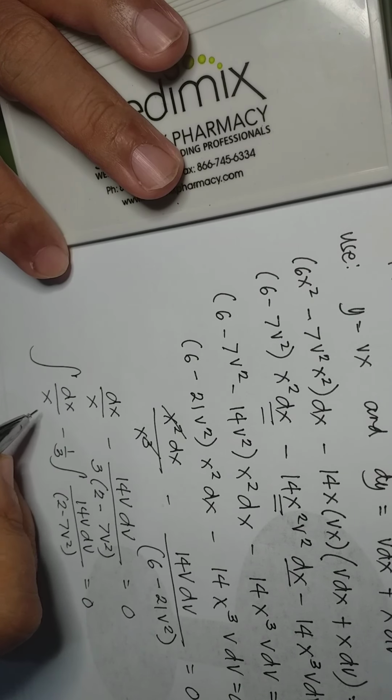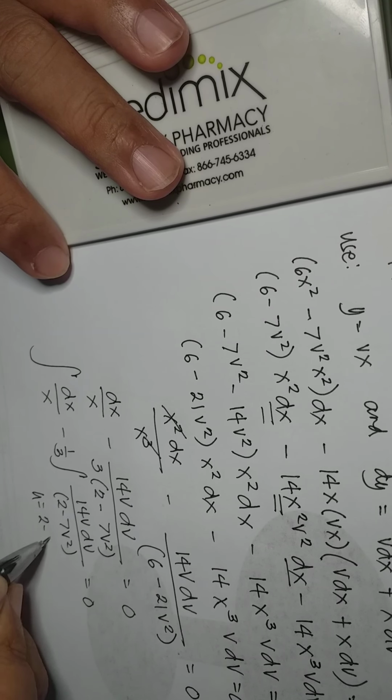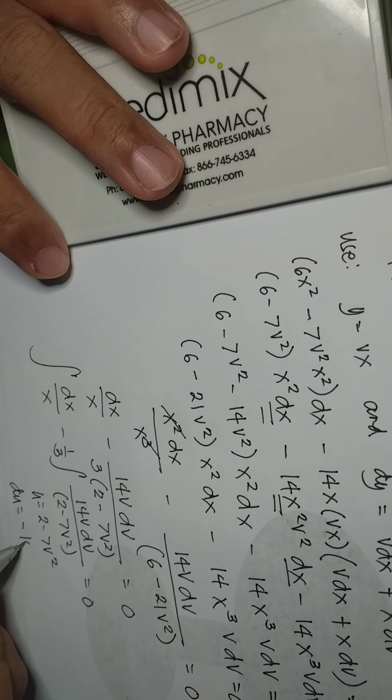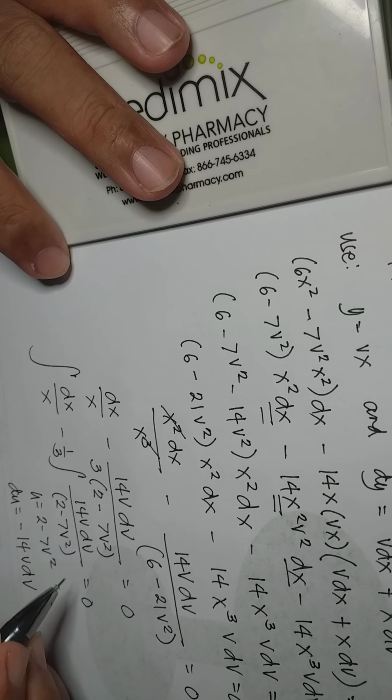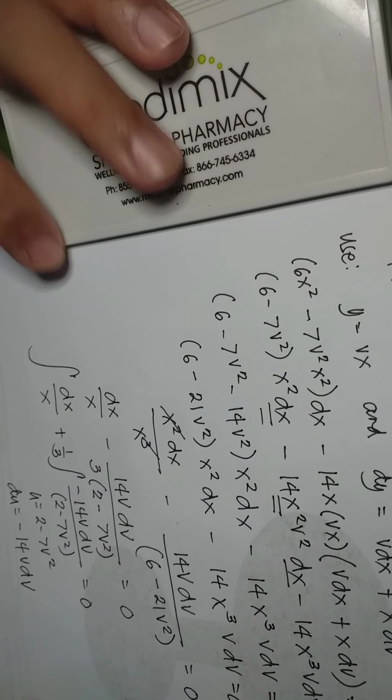If this is in the form of du over u, your u is 2 minus 7v squared. Your du therefore is negative 14v dv. We have your 14v dv, so that should be negative, and this becomes positive.